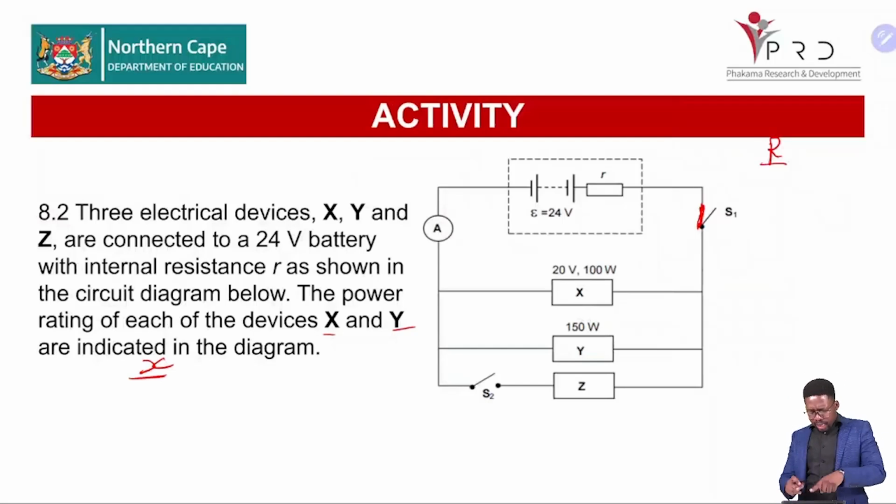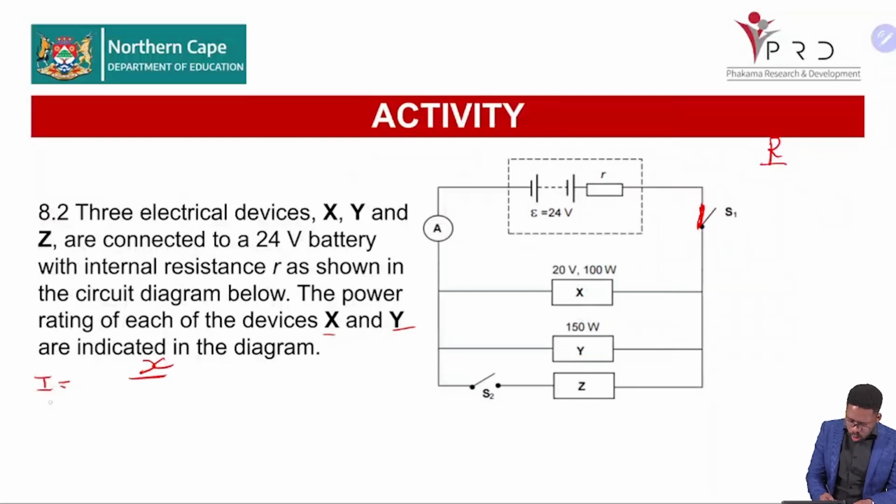When you look at this diagram, these devices are connected in parallel. And remember, in everything that we do, we must ask ourselves what is happening to current, what is happening to voltage, and what is happening to resistance.